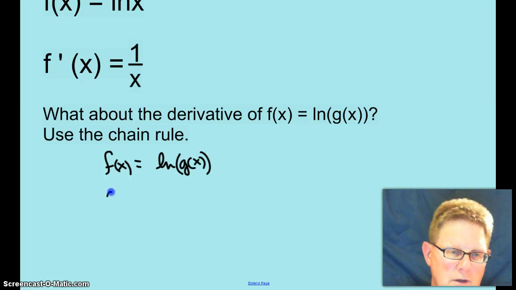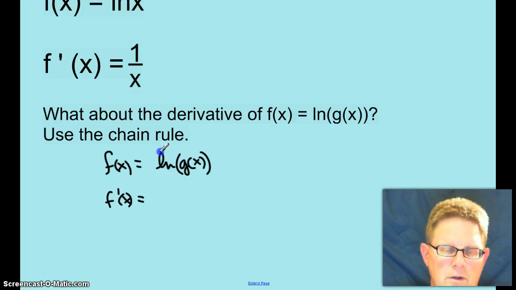F prime of x equals, okay, the natural log of x, the derivative is 1 over x, so the outside function, take care of that derivative first. The outside function is ln of x, so that would be 1 over g of x. Now we have to multiply that using the chain rule.